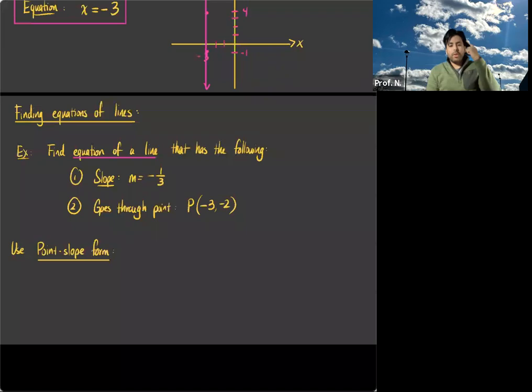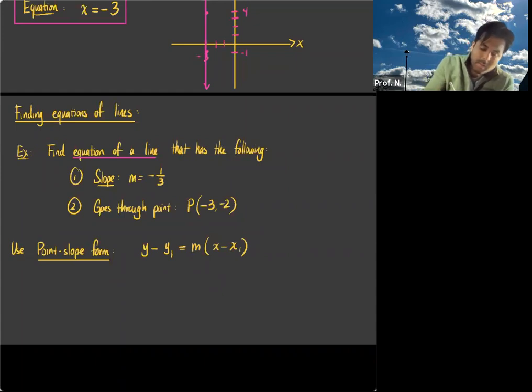The first one is the slope intercept form, y equals mx plus b. The second kind is the standard form, ax plus by equals c. And then the last of its kind is the point slope form, which is y minus y1 equals m multiplied by x minus x1. This is the point slope form.